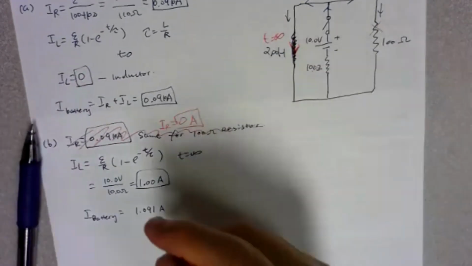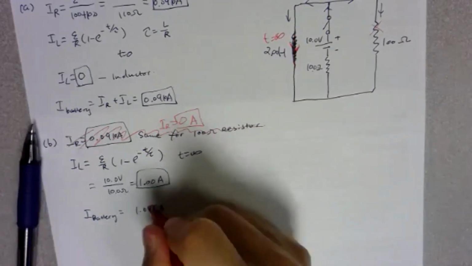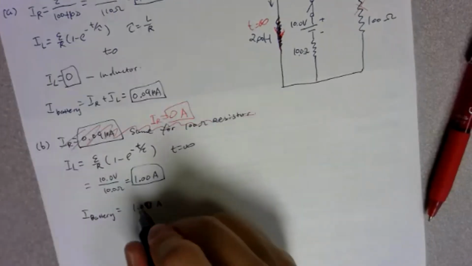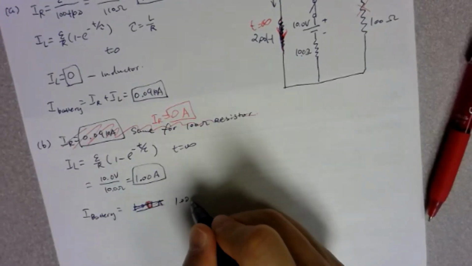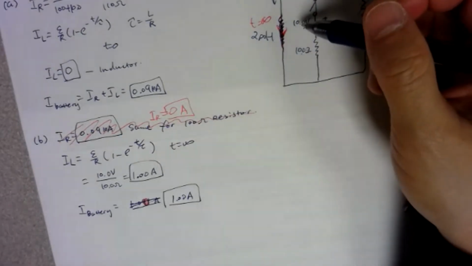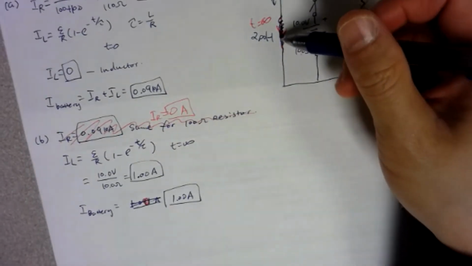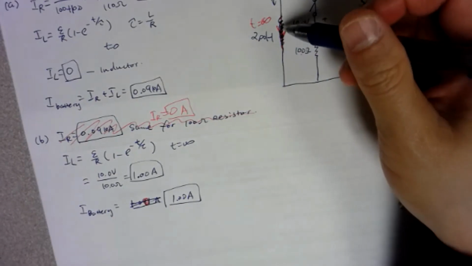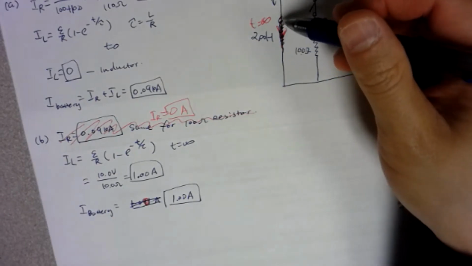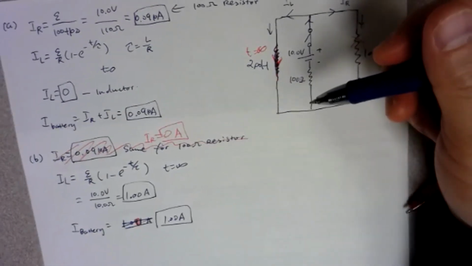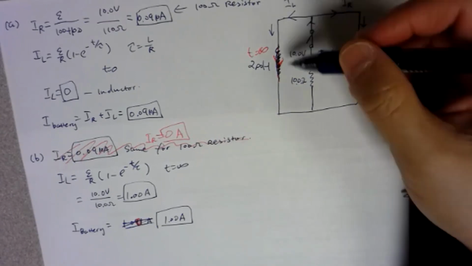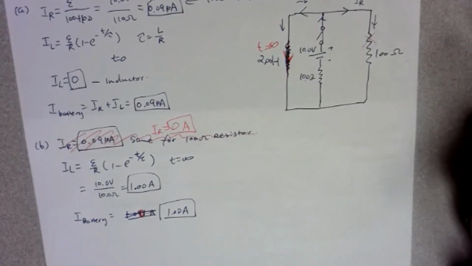Sorry about that, it's 1.00 amps, because long after the switch is closed, the inductance is no longer affected because you have no change in current. So this becomes a straight wire, and the current will choose to bypass anything else.